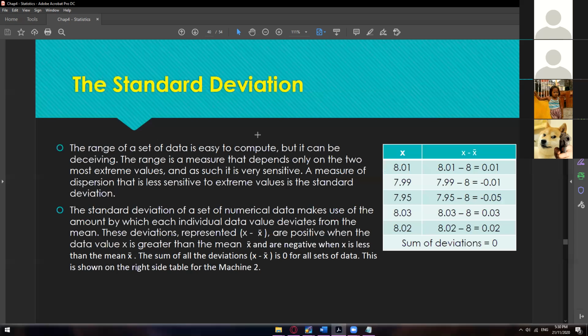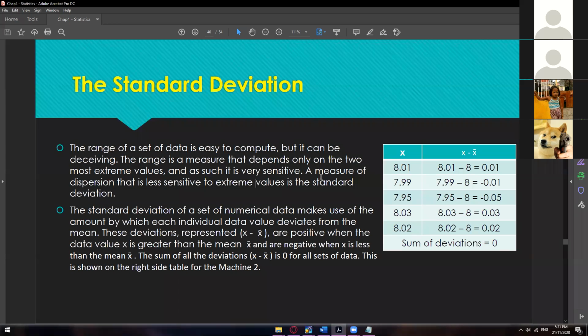Okay, moving on, we have the standard deviation. What is this standard deviation? With the use of the range, the range of a set of data is easy to compute, yes, but it can be deceiving at the same time. The range is a measure that depends only on two numbers, the highest and the smallest, the most extreme values, and as such it is very sensitive.